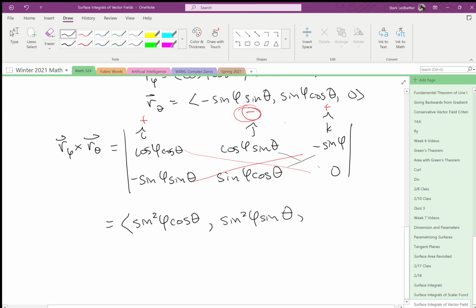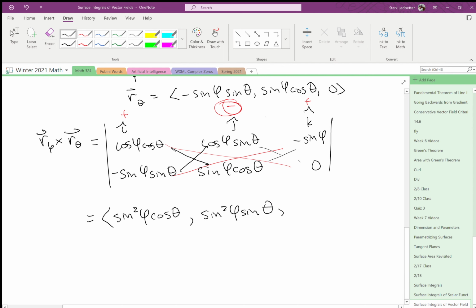And then the k, there's two things, but remember it was sine phi, cosine phi, and then cosine squared theta for the first one, and then minus and negative, so positive, and it was sine phi, cosine phi, and then we had sine squared theta. So this part was 1, so we ended up with sine phi, cosine phi. We've done this before. We had 3s the previous time we did it, but pretty similar.